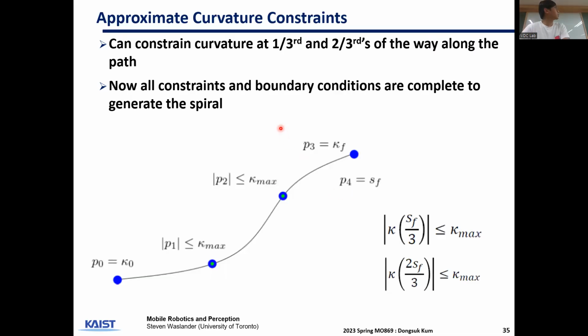For example, we can constrain the curvature at 1/3 or 2/3 along the way, and that will be sufficient for satisfying the curvature constraint for spirals. And then we can generate all the necessary boundary conditions as well as the constraints.